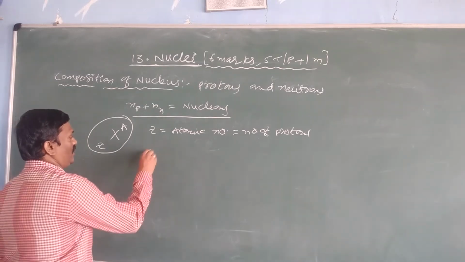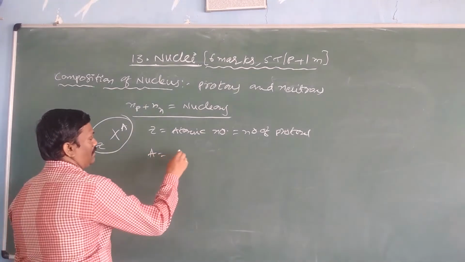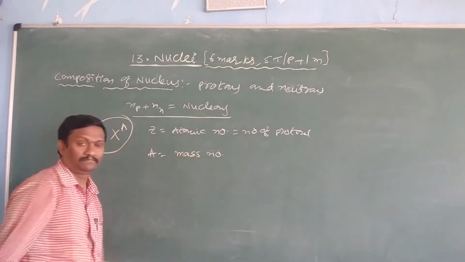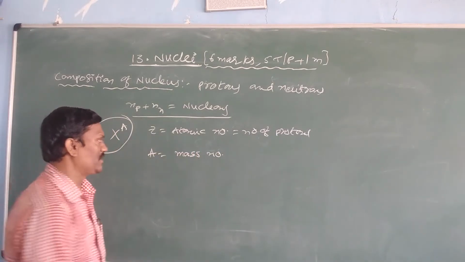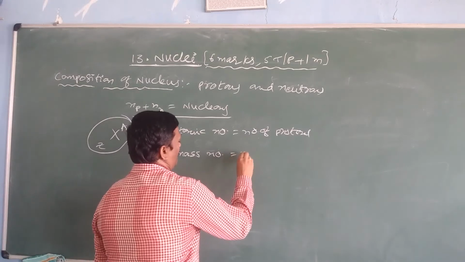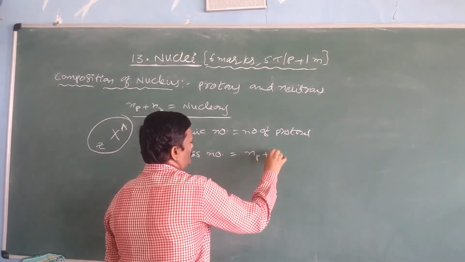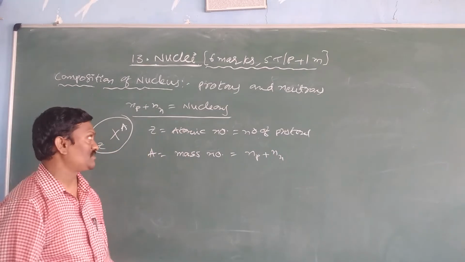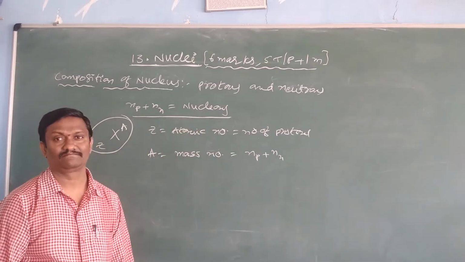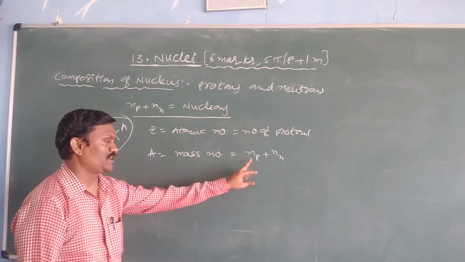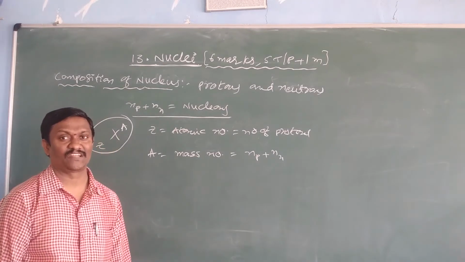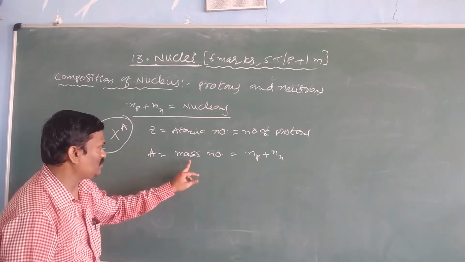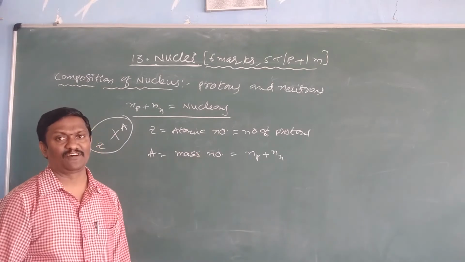And A is called the mass number. Mass number depends on the sum of protons and neutrons. Mass number is also called the number of nucleons. The sum of protons and neutrons is called nucleons, and it is also called the mass number. We know the total number of nucleons and the total number of protons.